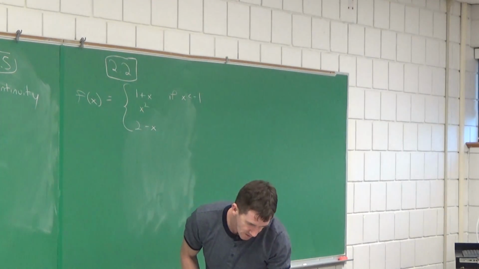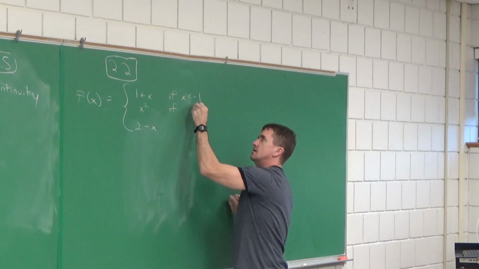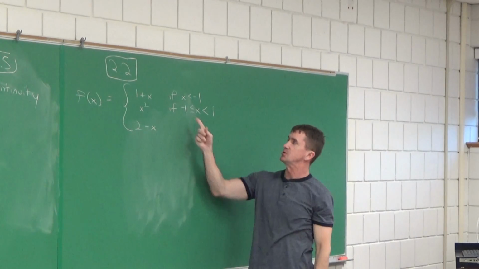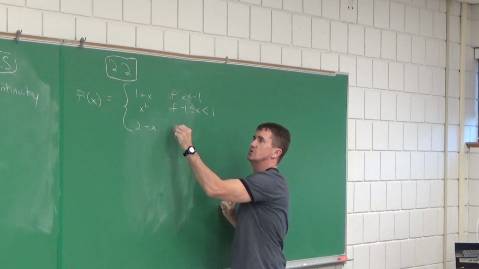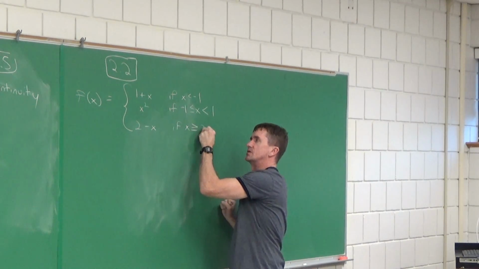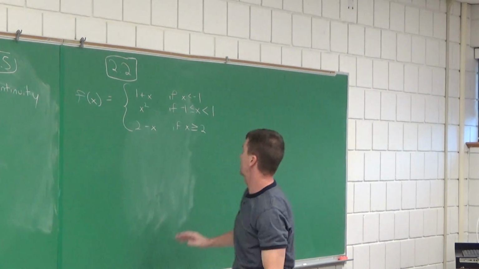For the x squared, they got if x is between a -1 but less than a 1. So between -1 and 1, including the -1. And then for the 2 minus x, they just got if x is greater than or equal to a 2. Oh, it should be a 1, I apologize.